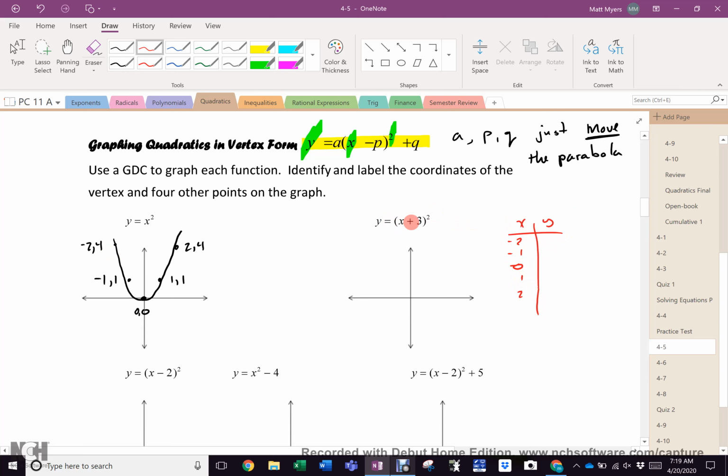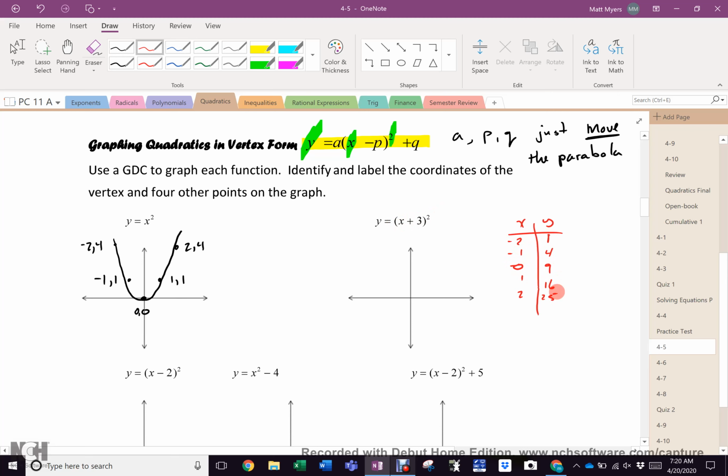Negative 2 plus 3 is 1, squared is 1. Negative 1 plus 3 is 2, squared is 4. 0 plus 3 is 3, squared is 9. 1 plus 3 is 4, 4 squared is 16. And 2 plus 3 is 5, 5 squared is 25.